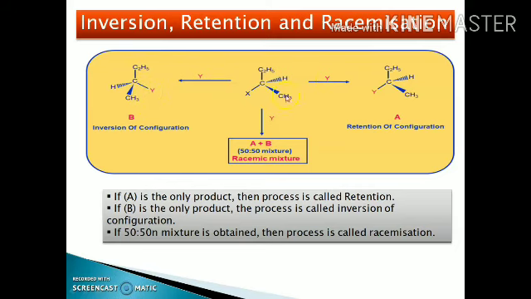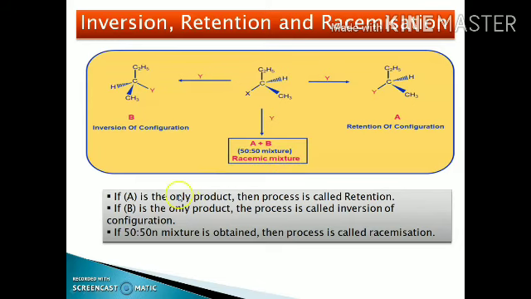That means if after the attack Y is also present on the left hand side, this is called retention of the configuration. If both A and B compounds formed during the inversion or the retention are present in equal amounts, that process gives racemic mixtures.